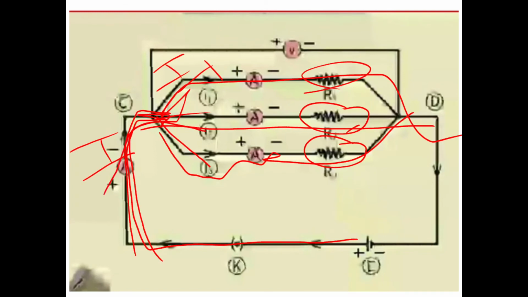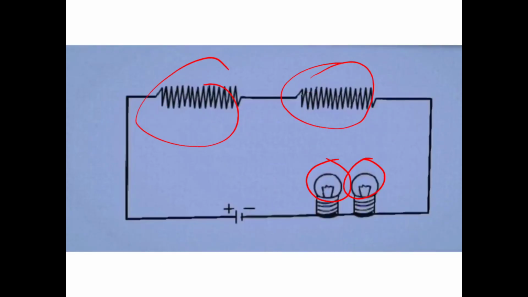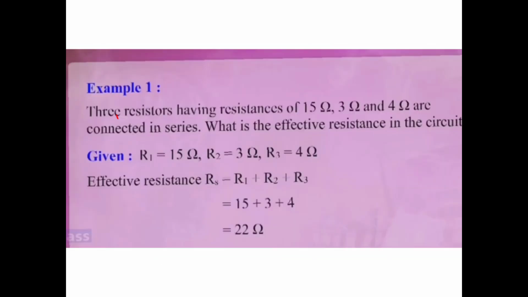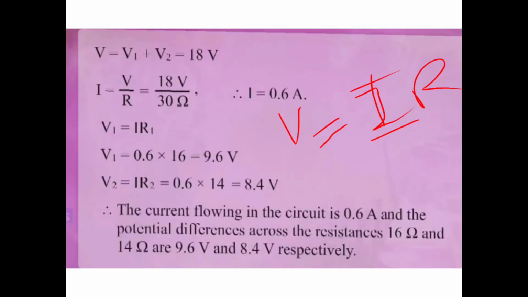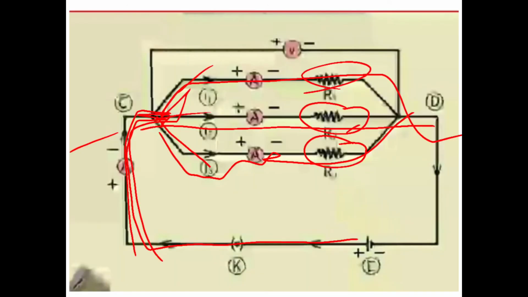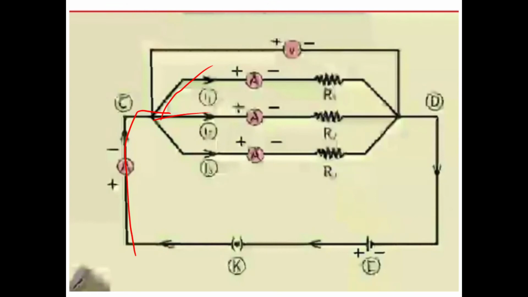Some electrons have chosen the path where the R2 obstacle is there, and some have selected the path where the R3 obstacle is there. But everyone wanted to go to the opposite pole, so definitely they are going to have to choose one of the paths.